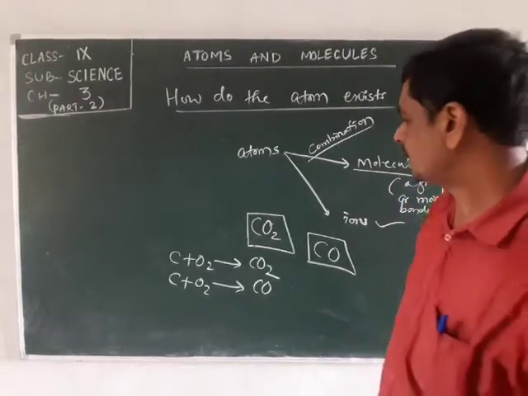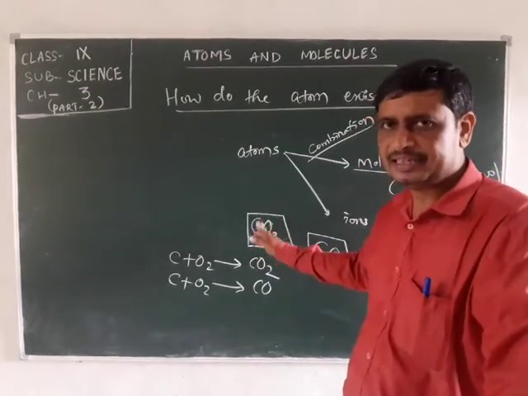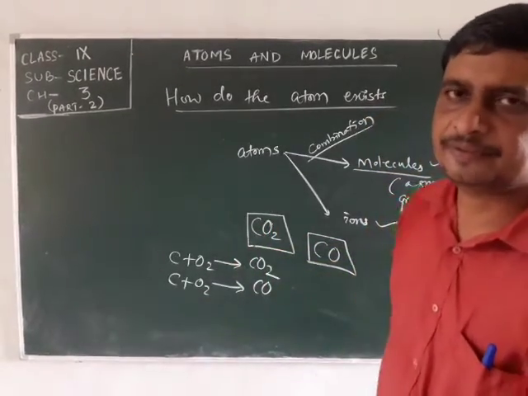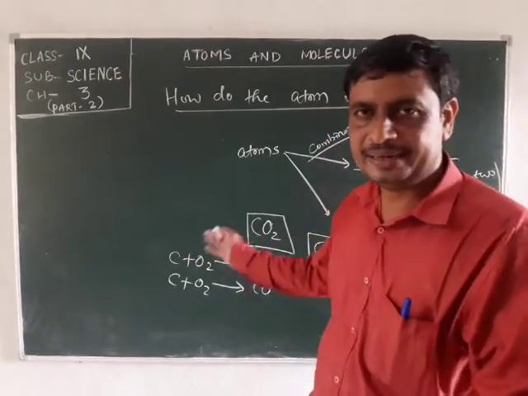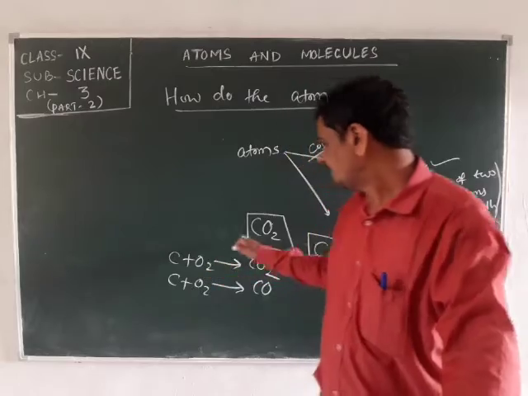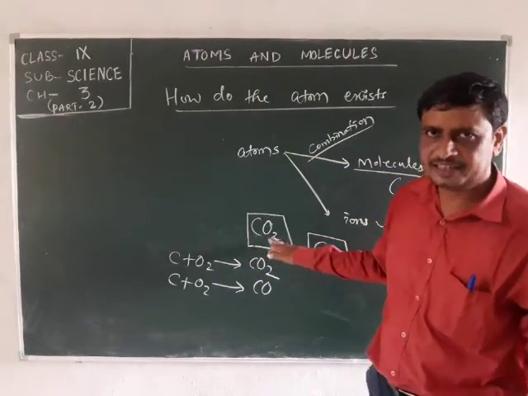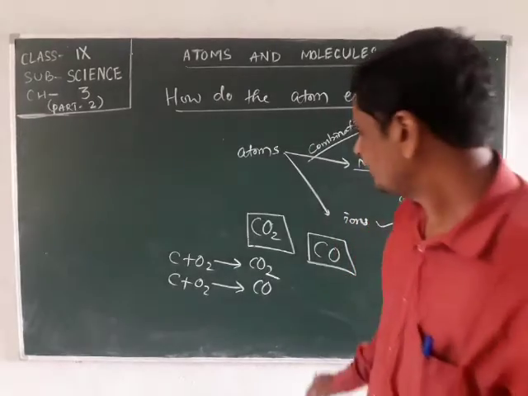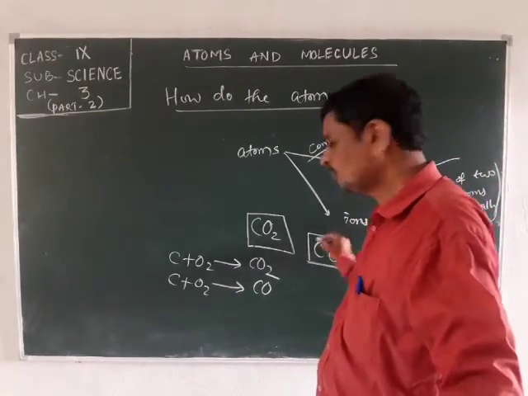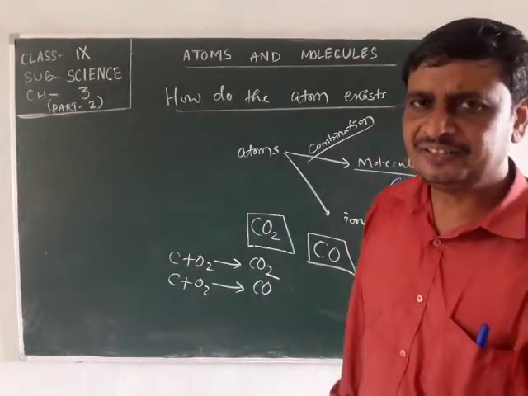When they make a compound, they lose their properties, and different properties are shown when a molecule forms. Here, a molecule of carbon dioxide is there. The properties of carbon dioxide and the properties of carbon monoxide are different.